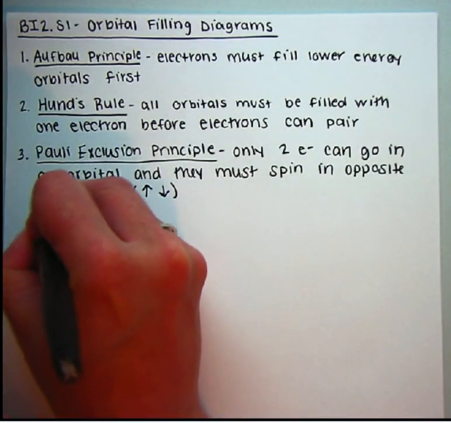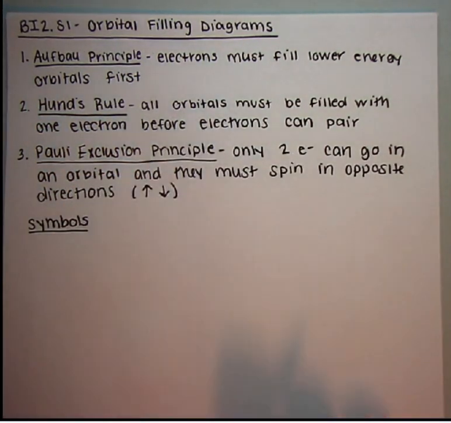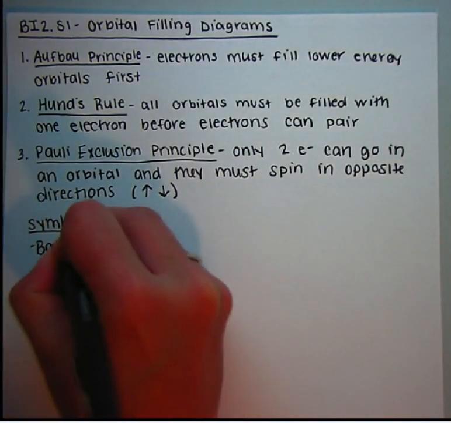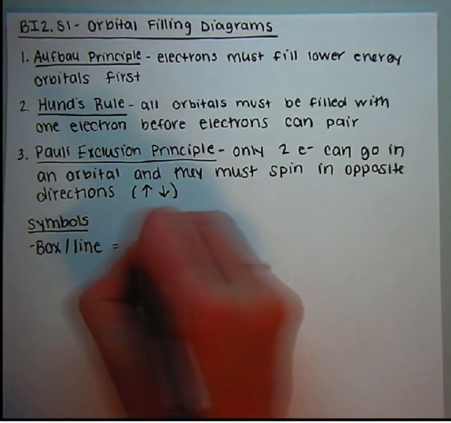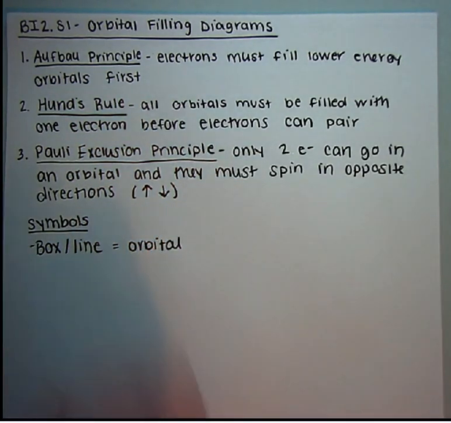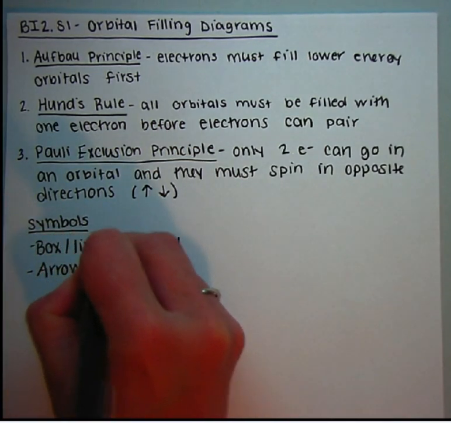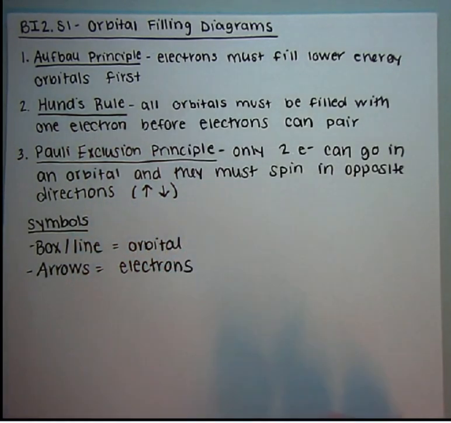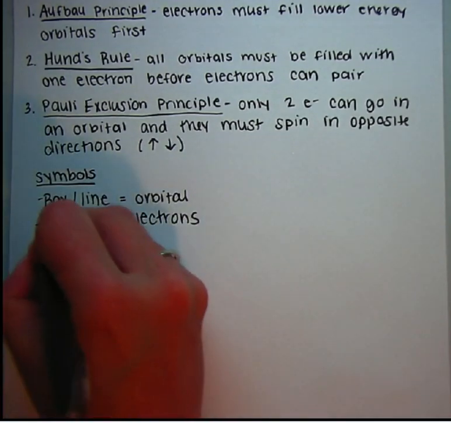Just to go over the symbols that we're going to use, since this is a visual way to depict our electron configuration: anytime you see either a box or a line, you can use either. That is going to represent the orbital. We are going to use arrows to represent electrons.